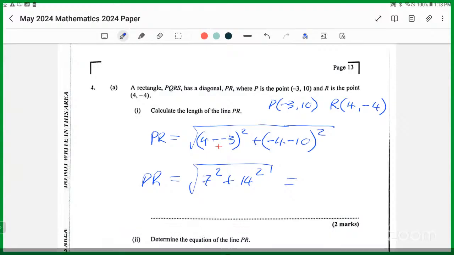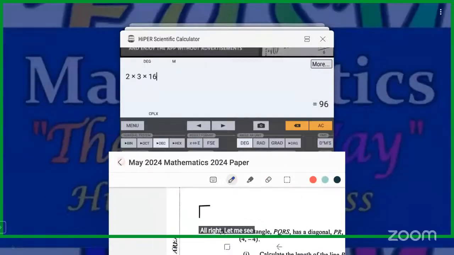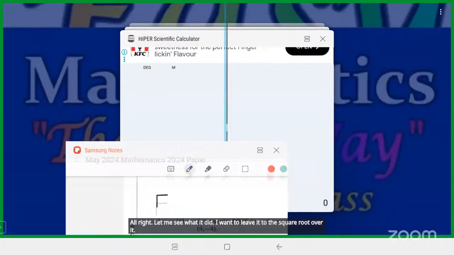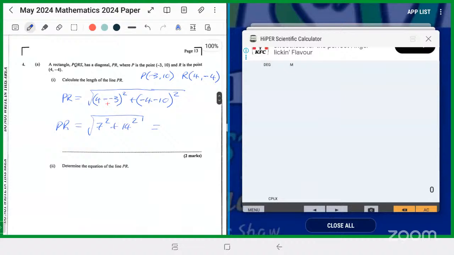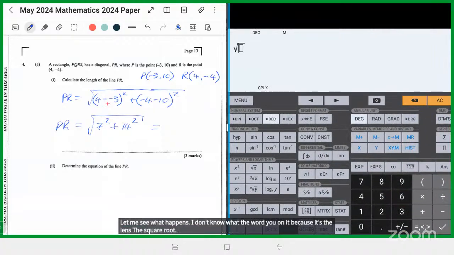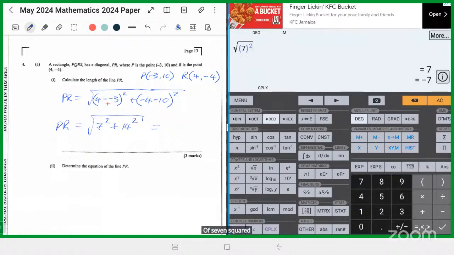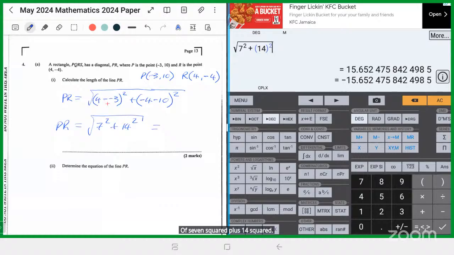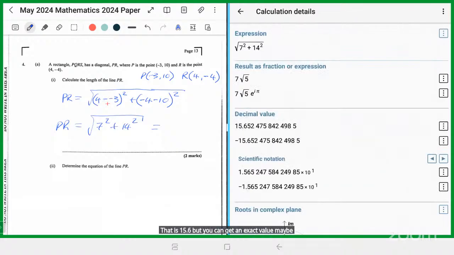All right? Let me see what it is. I'm going to leave it with the square root over it. Let me see what I get. I'm going to put the word units because it's the length. Coordinate geometry is measured in units. So the square root of 7 squared plus 14 squared is 15.6, but you can get an exact value, which is 7 root 5.